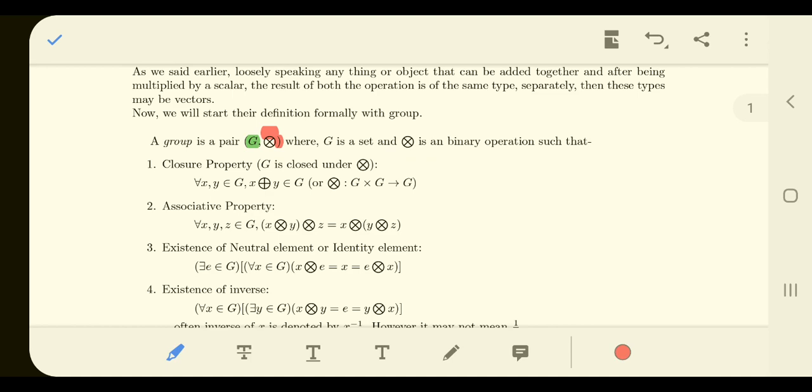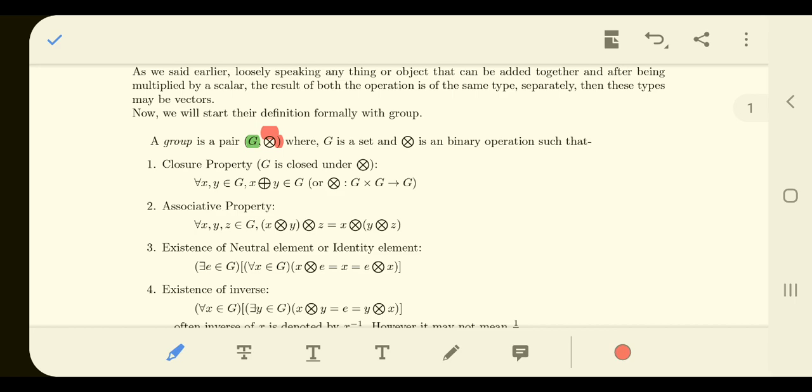The associative property says that if you have three elements and you want to operate them with the help of that binary operation, then the order in which you do the operation does not matter.